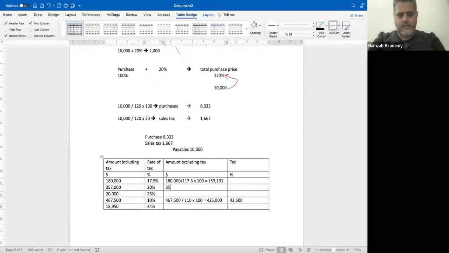Then for this it is going to be 357,000 by 120 into 100. And for this it is going to be 20,000 by 125 into 100. And then this is going to be 118,950 by 134 into 100, right? So these are the fractions that you have to do over here, right? And the rest of the answers, I hope you guys have gotten, right?